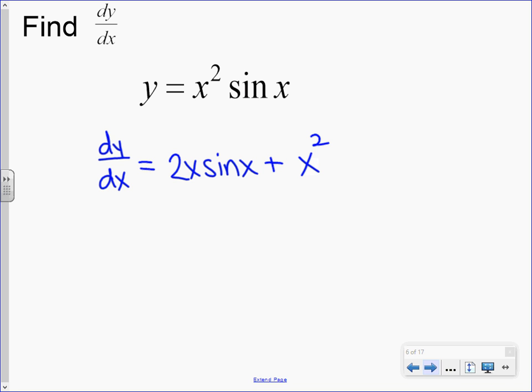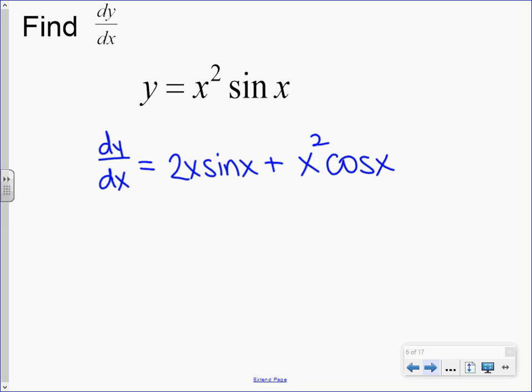What's the derivative of sine of x? Good, and it is positive. Okay. So the product rule definitely saved us there because we would not have been able to find this without it.